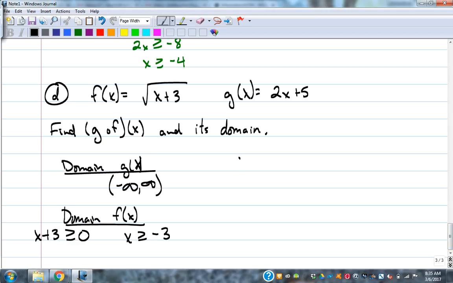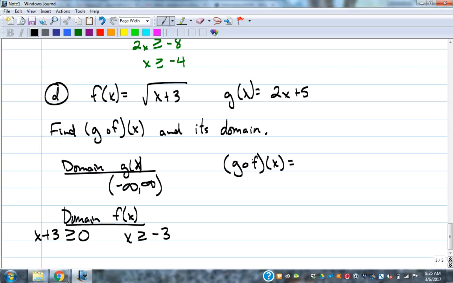Okay, so let's find the composite function, and then we'll get the domain of it. So we're taking g of x. I wrote it backwards, sorry. g composed with f. That's the one we're doing. We've already done the other one. We don't need to do it again. So g composed with f.